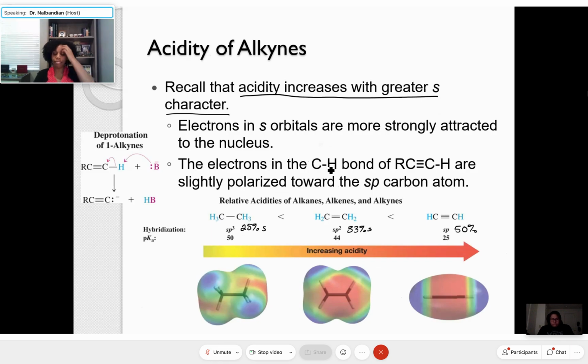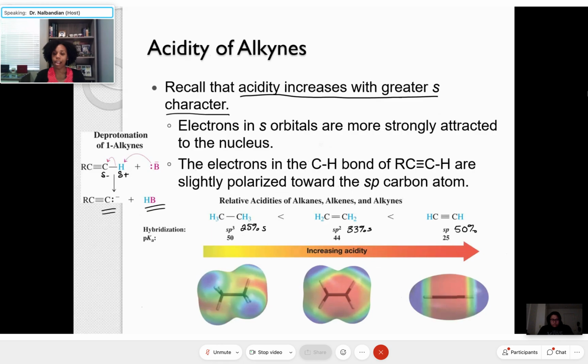So if we have these alkyne carbons that are pulling electron density away from the hydrogen bonded to them, that makes the hydrogen have a partial positive while the carbon has a partial negative, making this hydrogen acidic. And so we can add in some kind of a base that will deprotonate. It deprotonates, we end up with our conjugate base here and our conjugate acid.